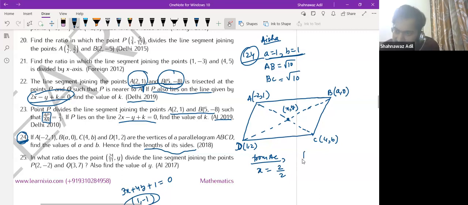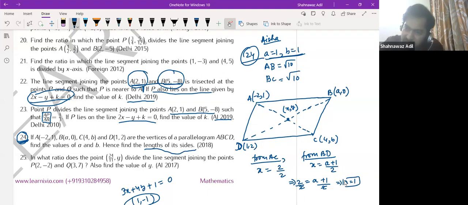And from BD, X is A plus 1 by 2. So then we can compare these two things. So 2 by 2 is A plus 1 by 2, so A is 1. This is from AC and BD.